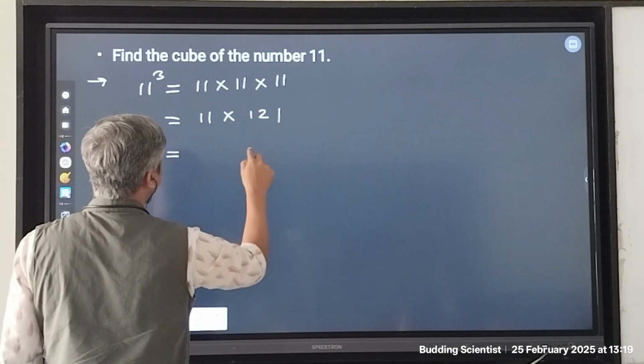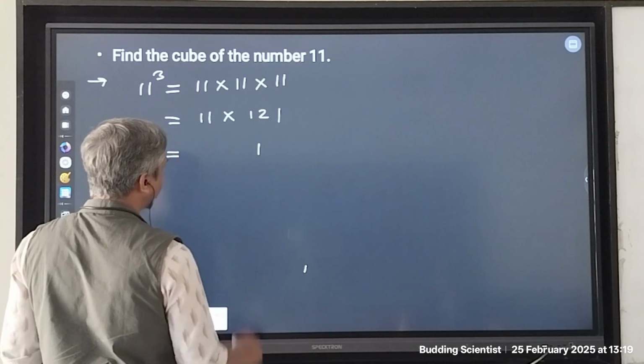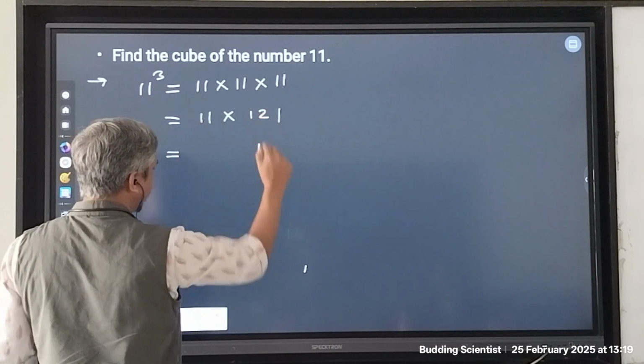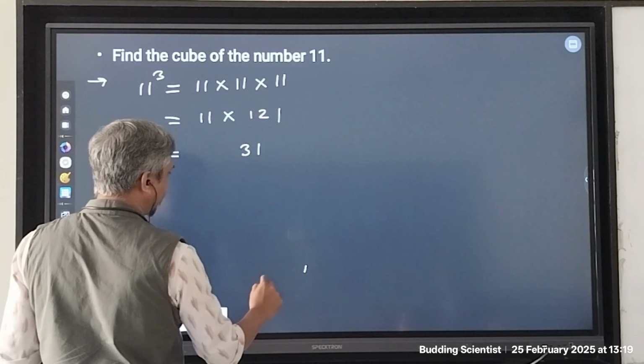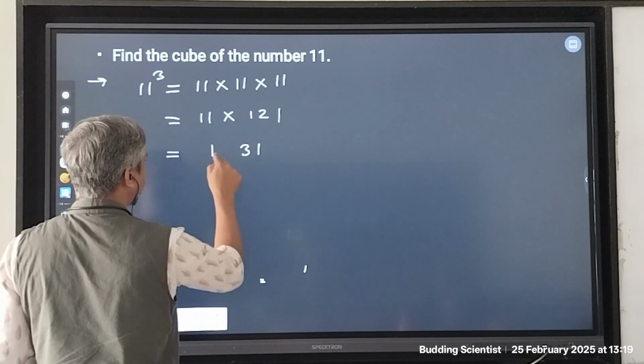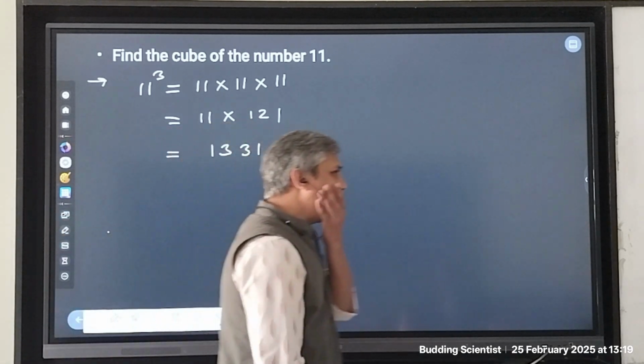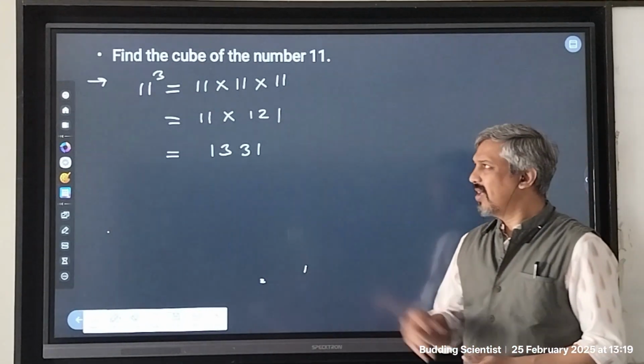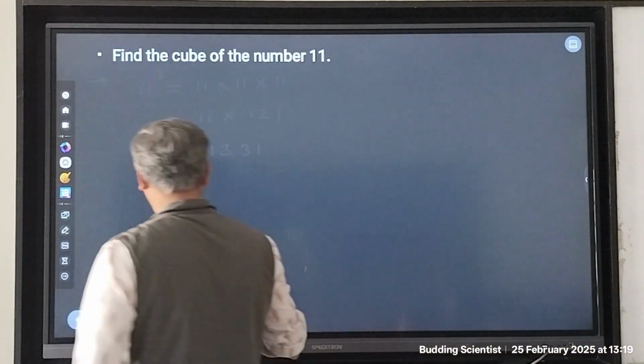So 11 into 1 is 11, carry 1. 11 2s are 22 plus 1 is 23, carry 2. 11 into 1 is 11 plus 2. So the cube of 11 is 1331. Oh, this is far too simple.